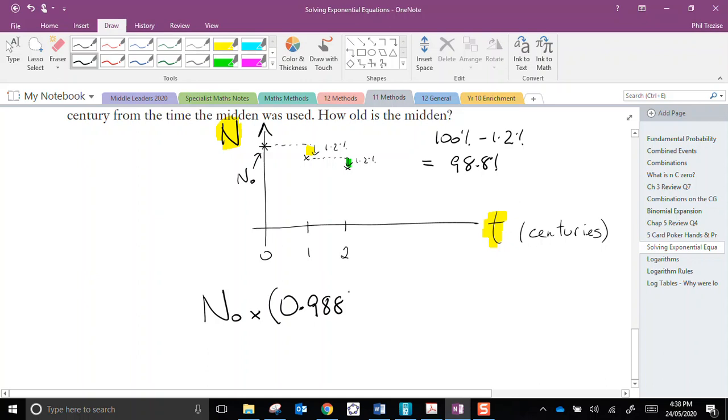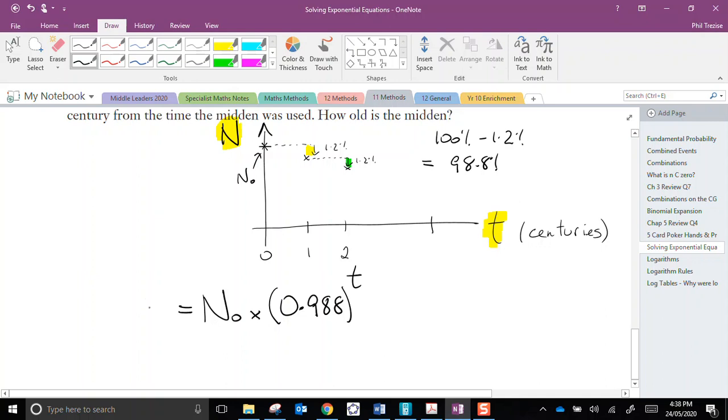Now, if we were only 1 century later, we would have that to the power of 1. If we were 2 centuries later, we would have this to the power of 2. But we don't know how many centuries later we are. So if we are t centuries later, we raise this to the power of t.